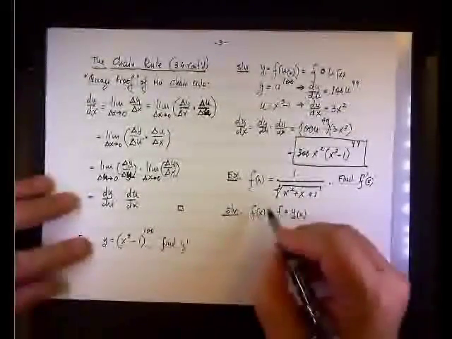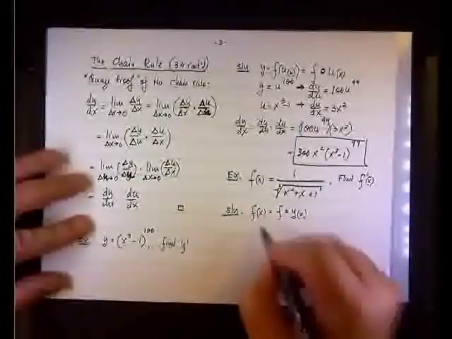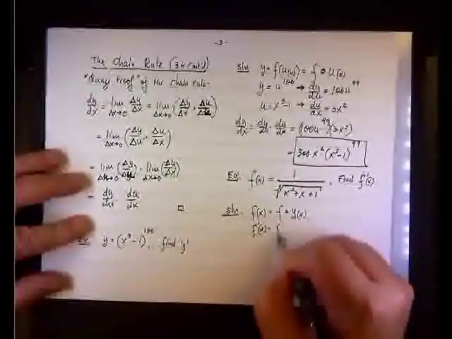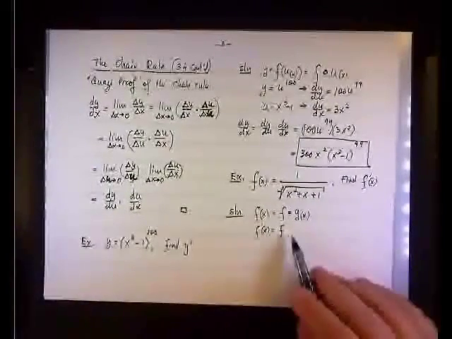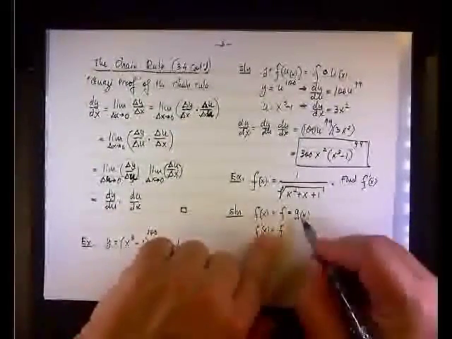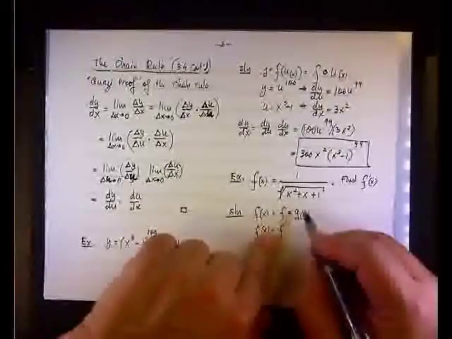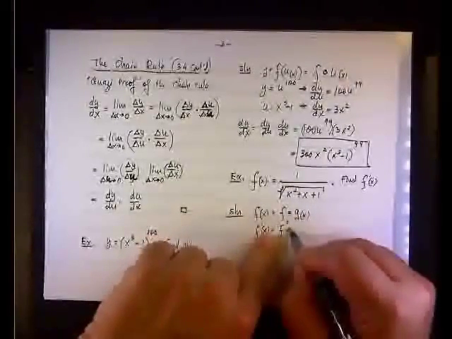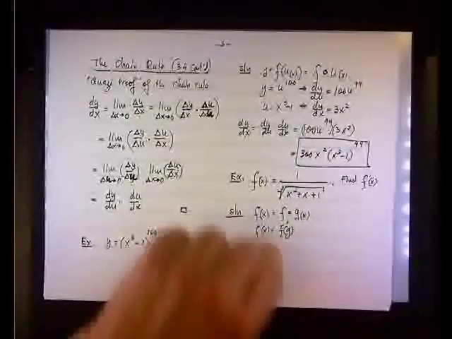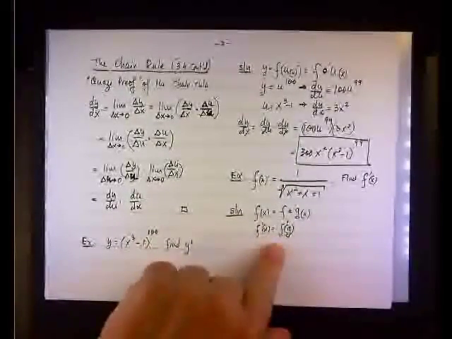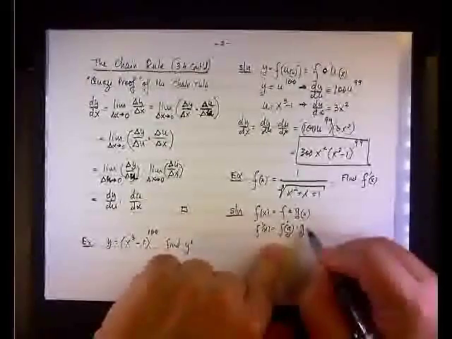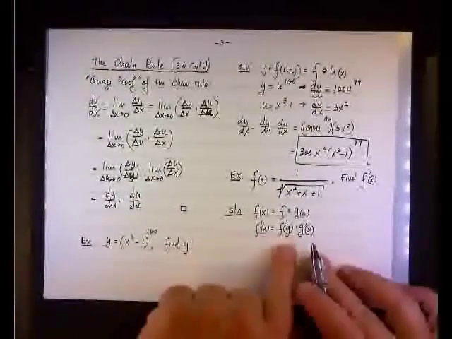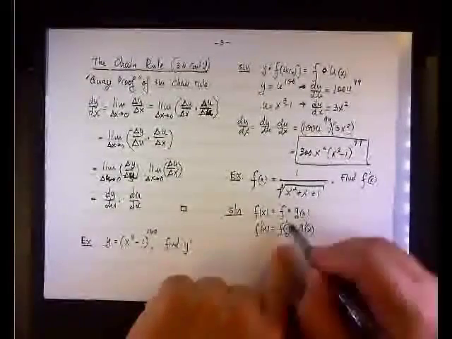And therefore, by the chain rule, f prime equals, instead of dy du, if you use this notation, then the derivative of f in terms of g will be f prime of g. Have you seen this notation? And then we multiply it by the derivative of g, like so.